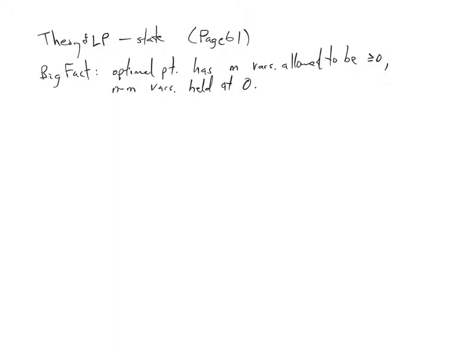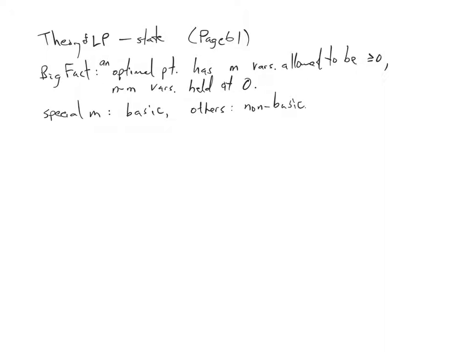So the special m are called basic, and the others are non-basic. It's, of course, also possible that there aren't any optimal points.